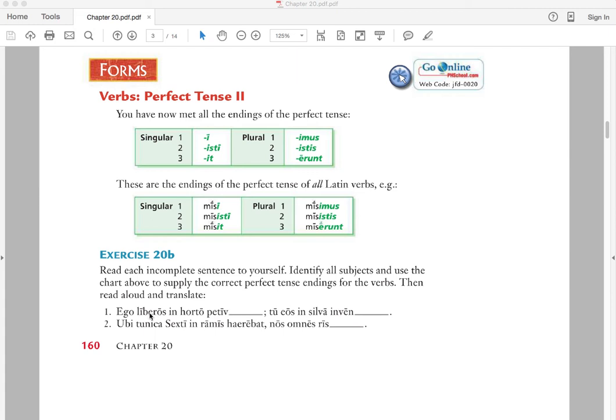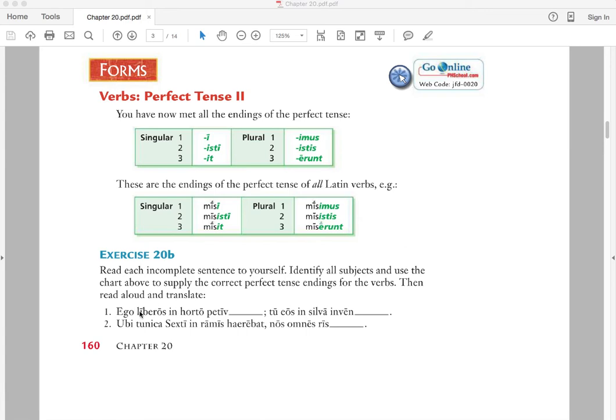It can't be the children looked for me in the garden, because liberos is accusative. So ego is your nominative subject here, and liberos is the direct object. So: I looked for the children in the garden, and you found them in the woods, in the forest.